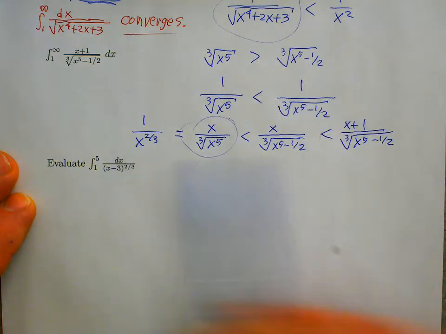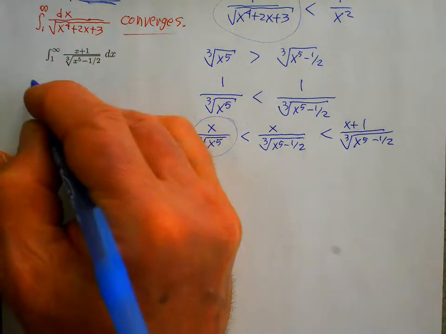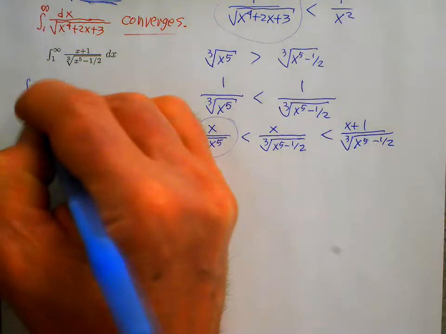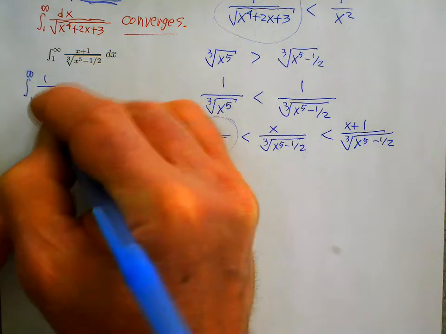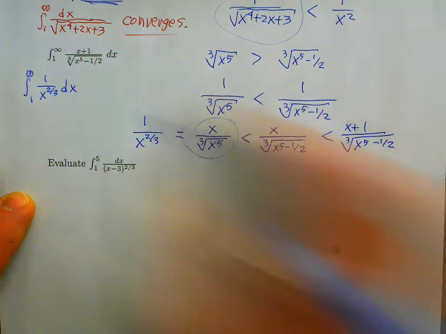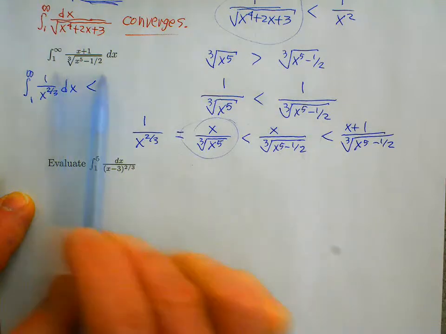So in terms of improper integrals, the improper integral from 1 to infinity of 1 over x to the 2/3 dx should be less than this improper integral.